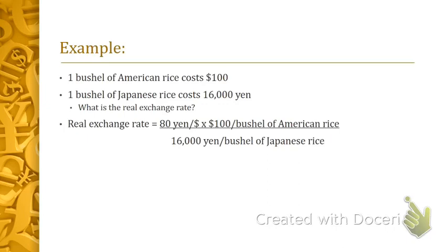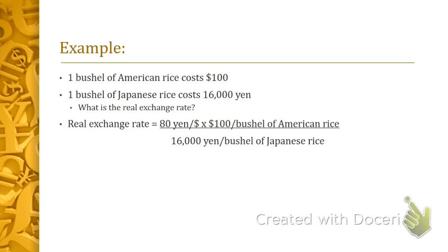Then you multiply it times the domestic price, which is $100 per bushel of American rice, and then you divide it by the foreign price, 16,000 yen per bushel of Japanese rice.